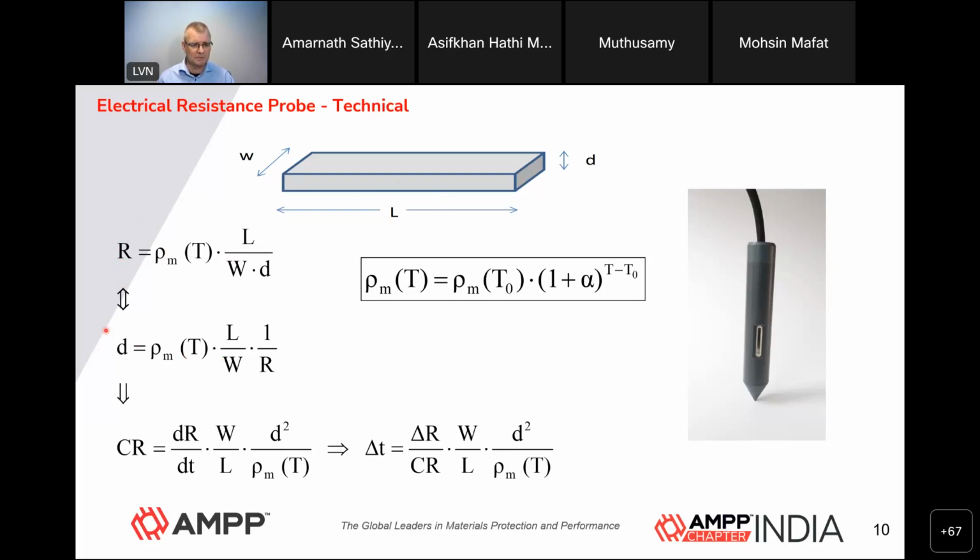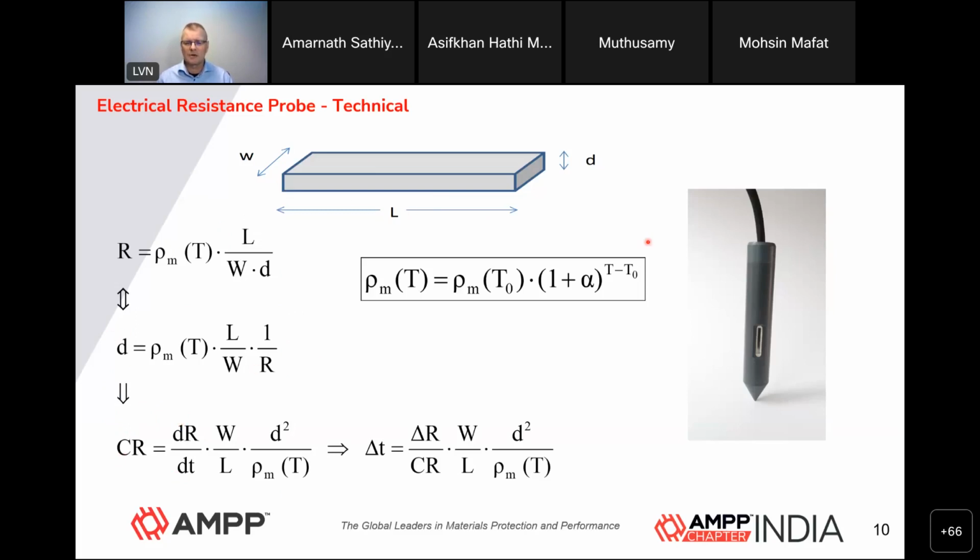When the resistance of that element increases, it's a measure of the decrease of the thickness of the element, and therefore this is an indicator of corrosion. So you can reformulate again to measure the corrosion rate as a time slope of the resistance curve, and therefore you can derive a corrosion rate from measuring the ER values continuously.